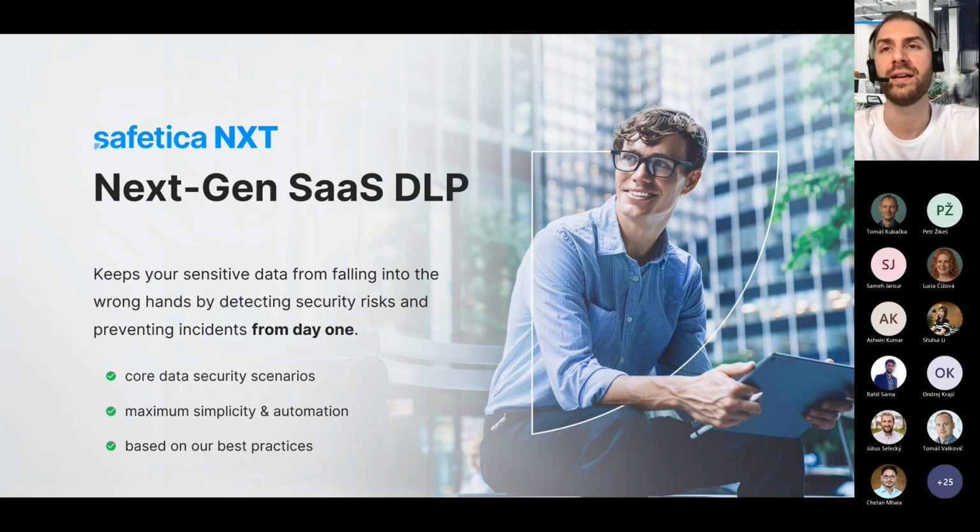To put it simply, Safetica Next keeps customer sensitive data out of the wrong hands by detecting security risks and by preventing incidents literally from day one. It's a cloud-native solution. It's still endpoint DLP. It doesn't cover all those scenarios that can come to your mind.